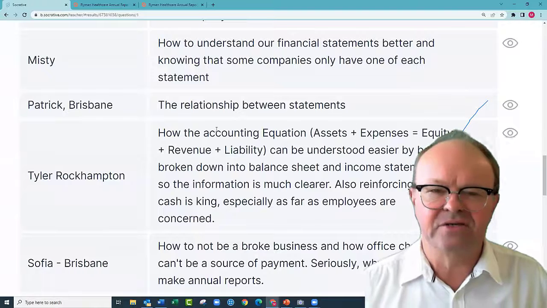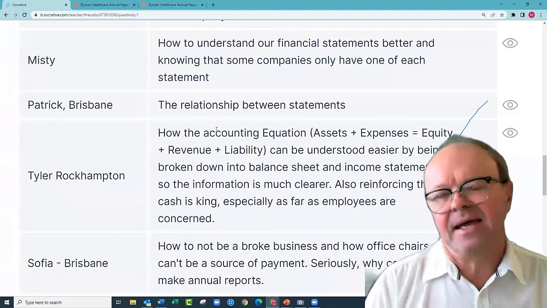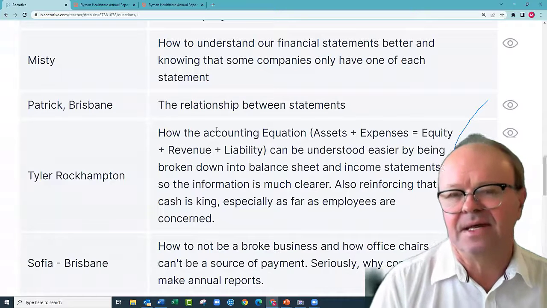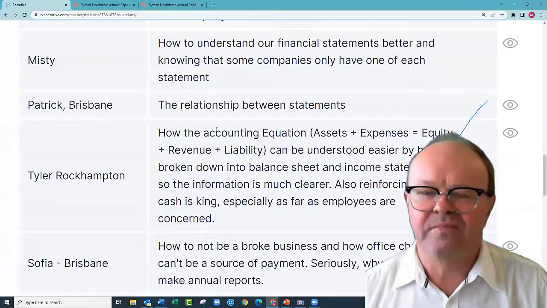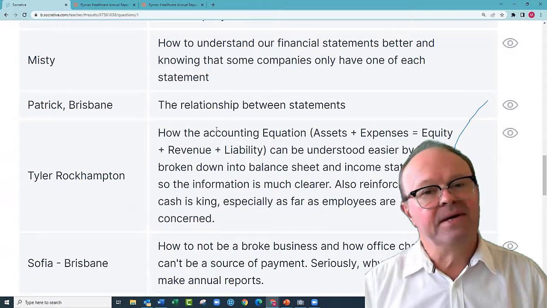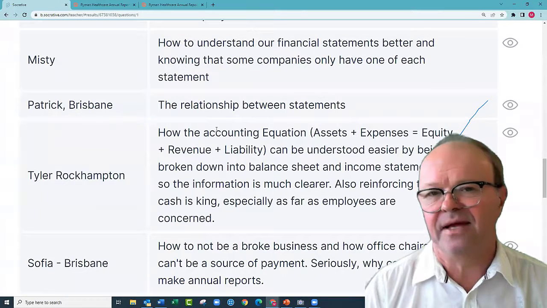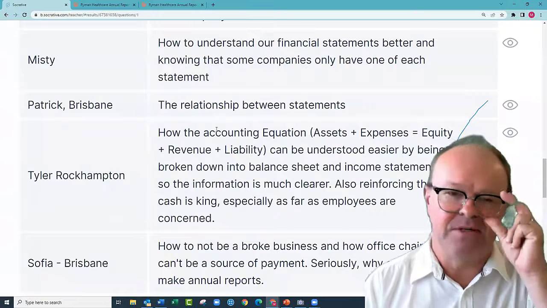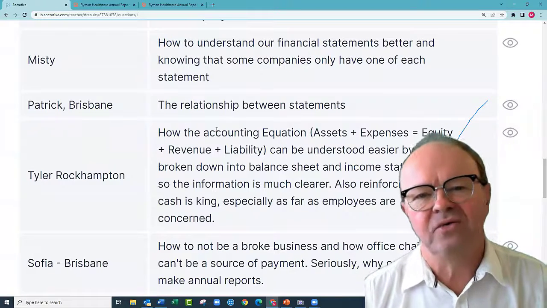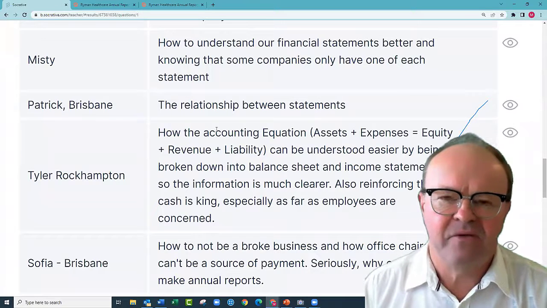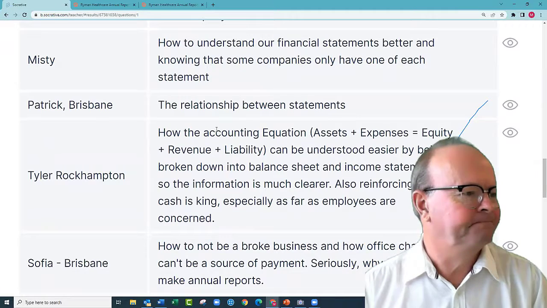But the income statement is quite often, as in Ryman Healthcare's case, accompanied by the statement of comprehensive income. For some companies, they just combine those 2 into one and call it a statement of comprehensive income, and it includes the income statement. And other firms like Ryman Healthcare have the income statement and the statement of comprehensive income.